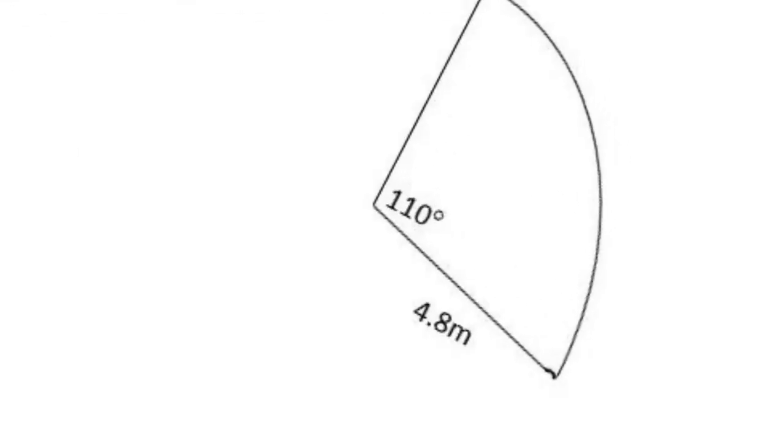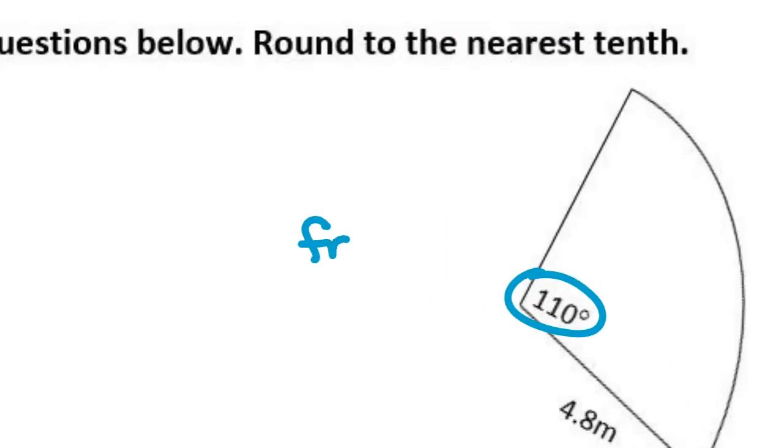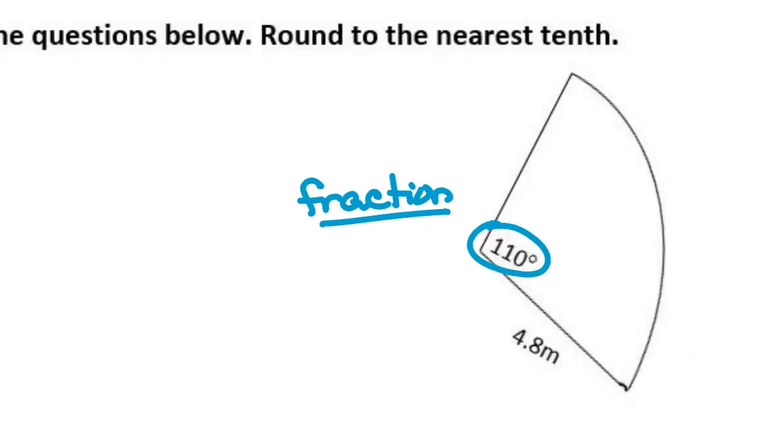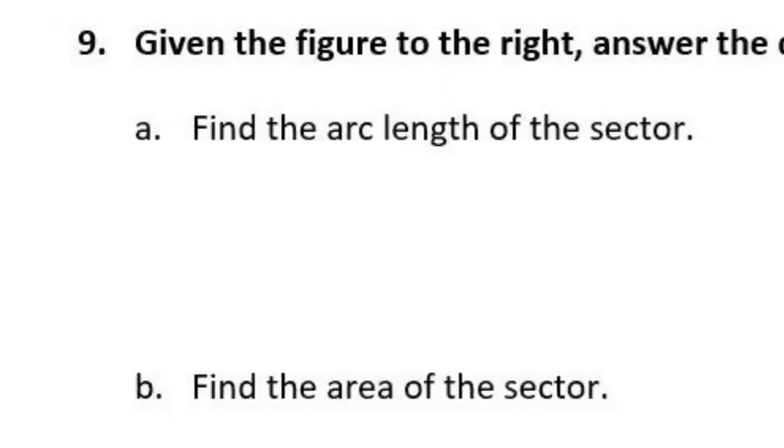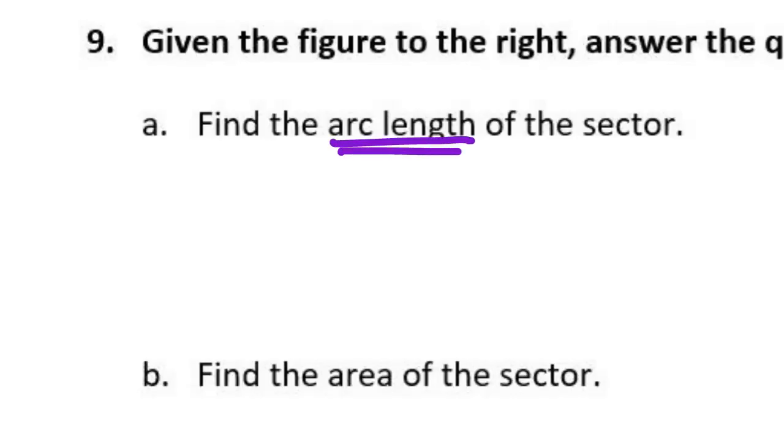How many degrees is this piece of circle? 110. So my fraction will be 110 out of what? Out of 360. Part A says we need to find the arc length.